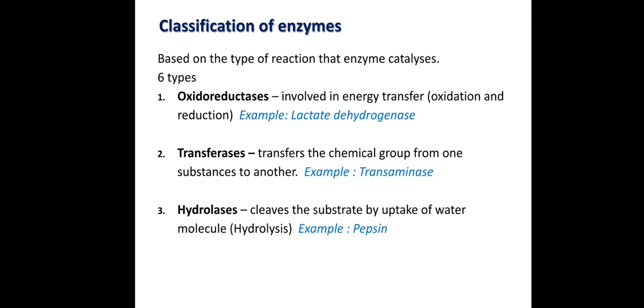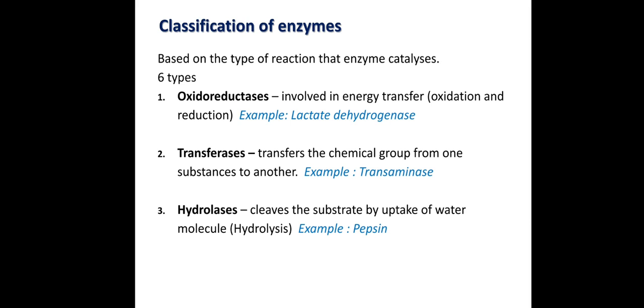oxidoreductase. Oxidoreductase, as the name itself says, oxidation and reduction. In chemistry you come across redox reactions, reduction oxidation reactions. So here the name is given as oxidoreductases. Oxidation reduction is the reaction catalyzed by them.